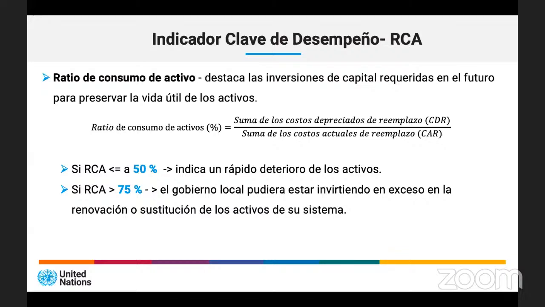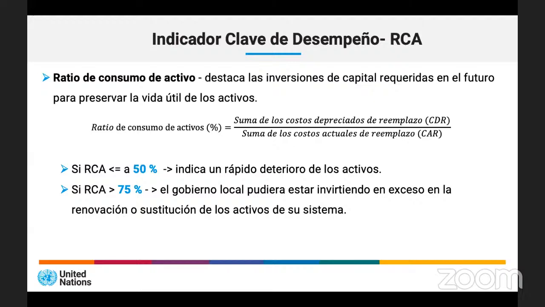First of all, the first indicator is called asset consumption rate ratio, which highlights the capital investments required for the future to preserve. We, as a municipality, have to preserve for the future asset service life in terms of replacement costs, and what we have in current replacement costs.